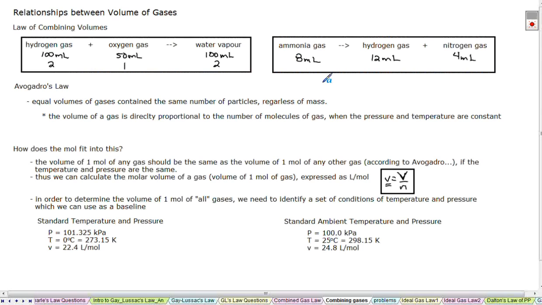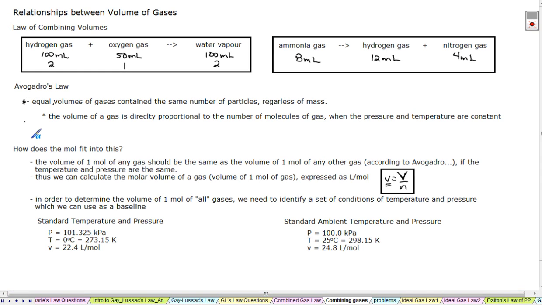So Avogadro came to the conclusion that there must be something that connects the volume of gases to the number of particles in those gases. And so he came up with this idea that equal volumes of gases contain the same number of particles regardless of the mass.